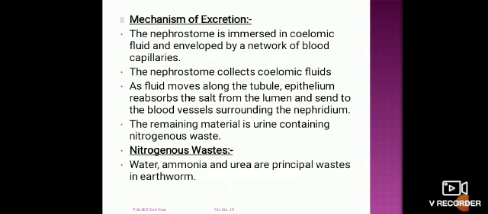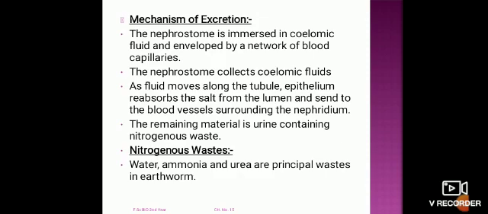The mechanism of excretion. The nephrostome is immersed in the coelomic fluid and enveloped by a network of blood capillaries. The nephrostome collects coelomic fluid. As the fluid moves along the tubule, the epithelium of the internal structure reabsorbs the salt from the lumen and sends it to the blood vessels surrounding the nephridium.